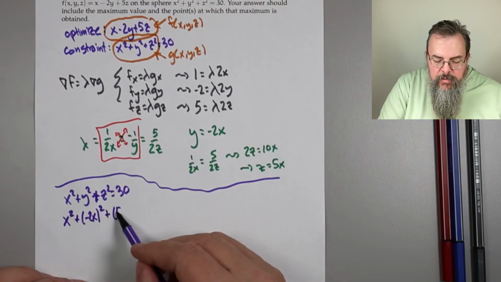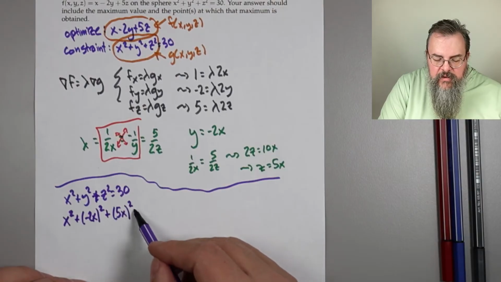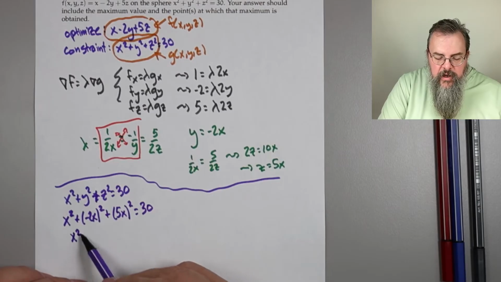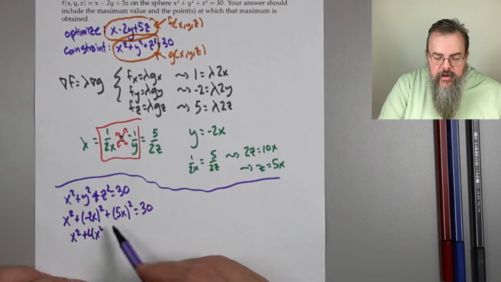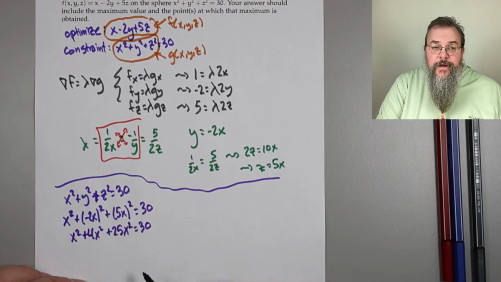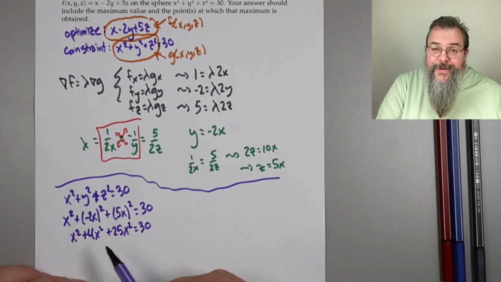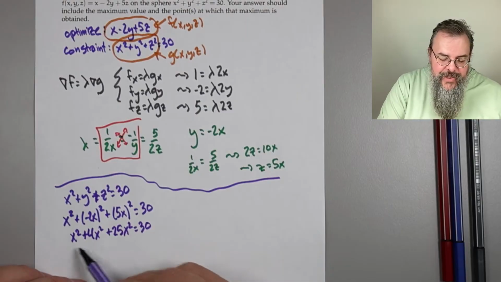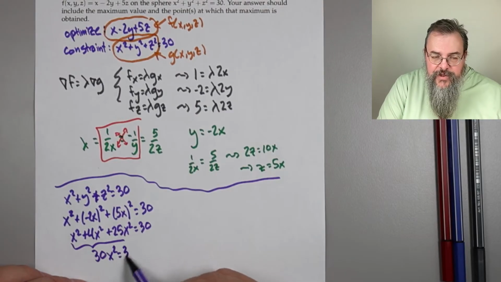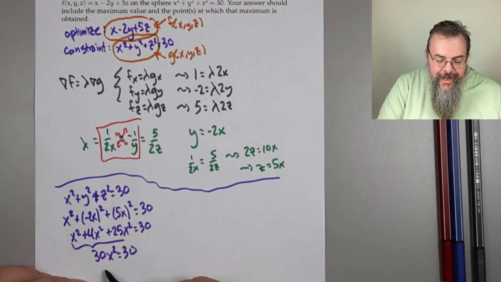And z is positive 5x, and we're going to replace that. Okay, so that becomes x squared plus 4x squared plus 25x squared equals 30. Well, 1 plus 4 plus 25 gives us altogether 30x squared equals 30. Or x squared is 1.